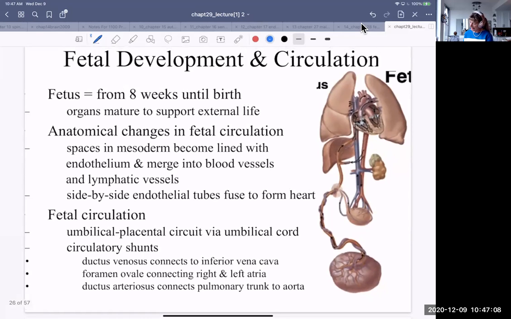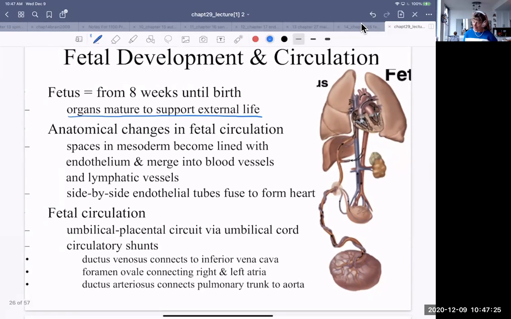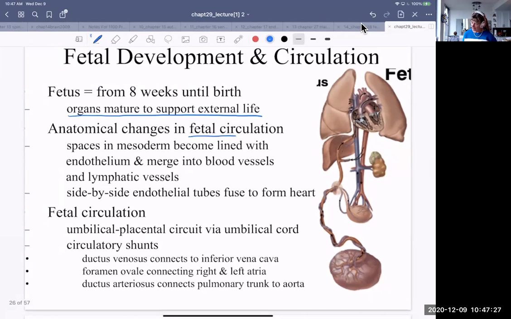What occurs with circulation? Well, at first, the fetus is getting nutrients and oxygen from the mother, but organs are present. There's some anatomical changes, however, in circulation. So the endothelium merges into blood vessels and lymphatic vessels.